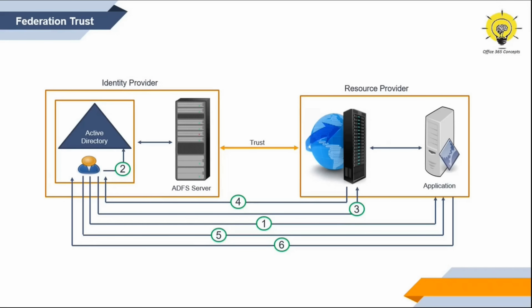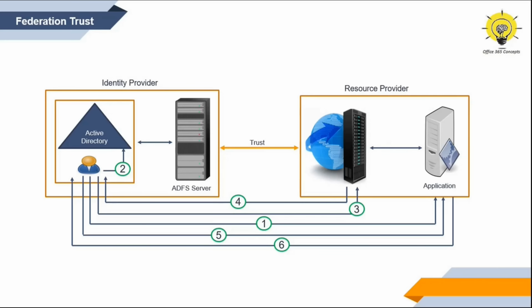One important thing that we need to notice in this example is that the entire communication among user, identity provider, and the resource provider is handled by the user itself. In ADFS, entire communication is handled by the client machine. Identity provider does not directly contact resource provider.